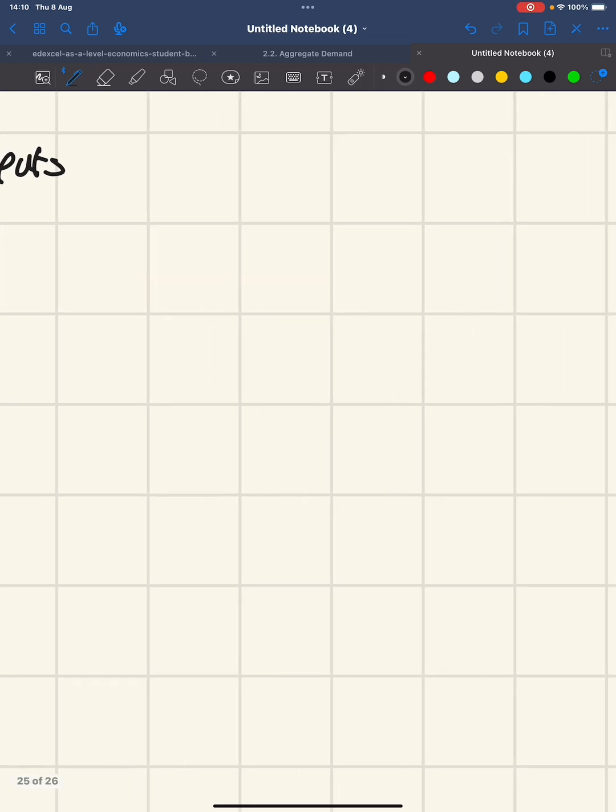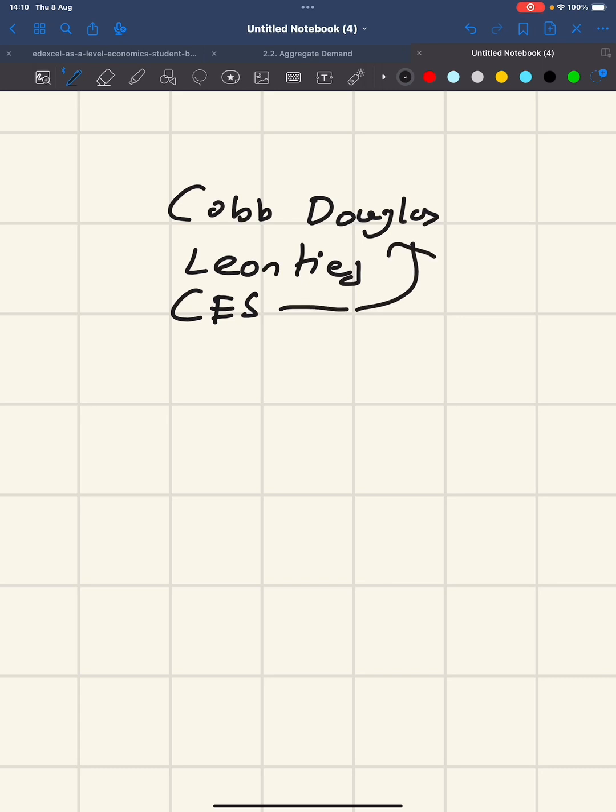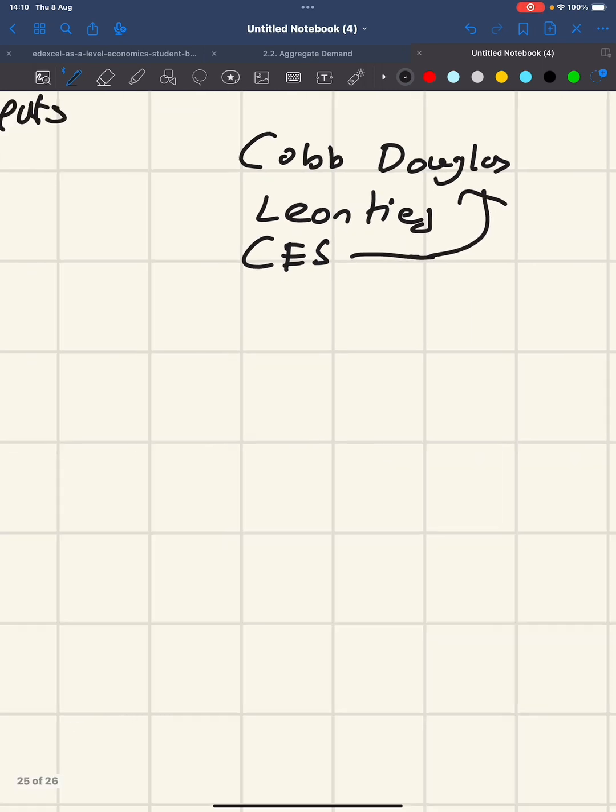This is a very simplified model, but we have loads of different models, such as the Cobb-Douglas model, Leontief, and the CES model, constant elasticity of substitution, which is just a simplified version of the Cobb-Douglas function.